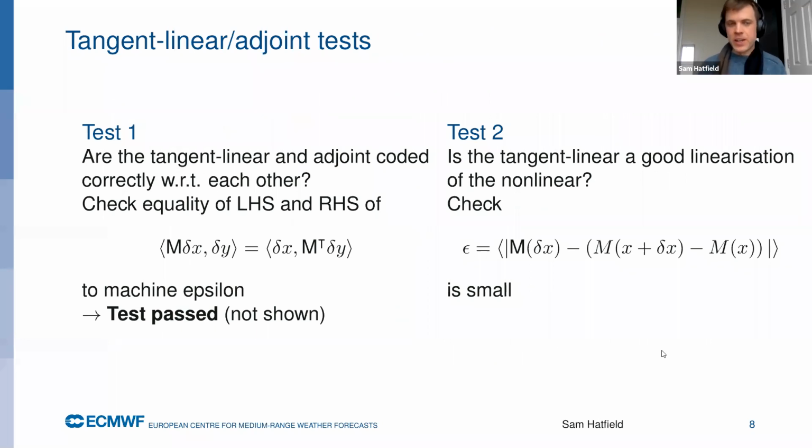Okay, so before we test this idea in the full atmospheric model, I want to show you that it does pass the tangent linear adjoint tests that I mentioned earlier. The first one, which I've already mentioned, is to check whether these two expressions are the same. Now, because in reality, this M applied to delta X is actually a Fortran subroutine, it's using floating point arithmetic.